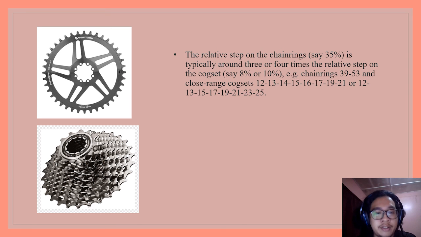Example, chain ring 39, 53, and close-range cassette 12, 13, 14, 15, 16, 17, 19, 21, or 12, 13, 15, 17, 19, 21, 23, 25. This is the example.